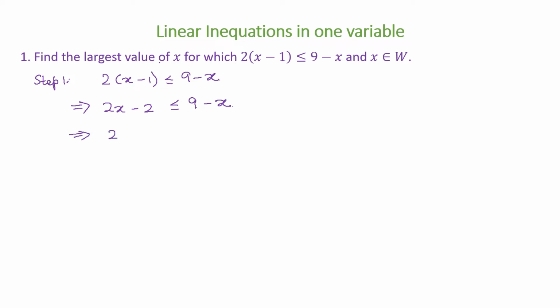This implies 2x plus x is less than or equal to 9 plus 2. This implies 3x is less than or equal to 11. This implies x is less than or equal to 11 by 3, or I can also write this improper fraction as a mixed fraction, that is 3 2 by 3.